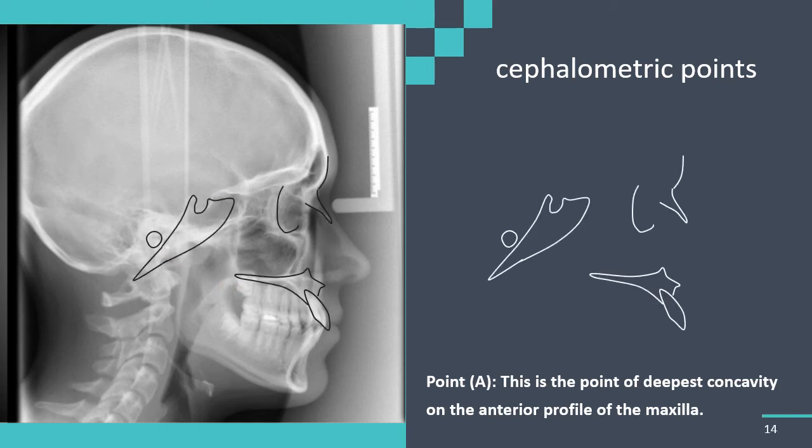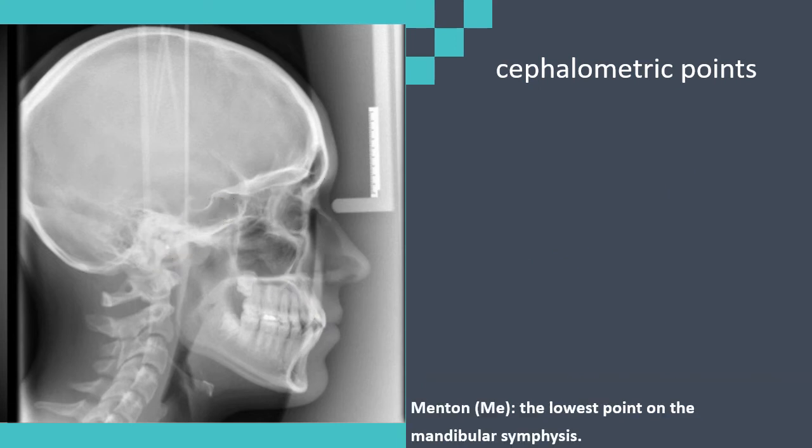The point A, which is an important point, represents the point at the deepest concavity of the anterior profile of the maxilla, as appears here in the X-ray. And the point A corresponds to the position of the apex of the anterior incisors.